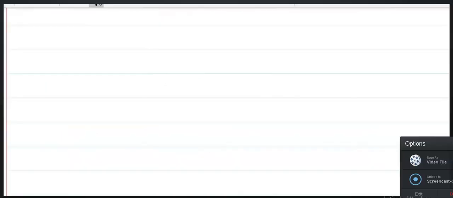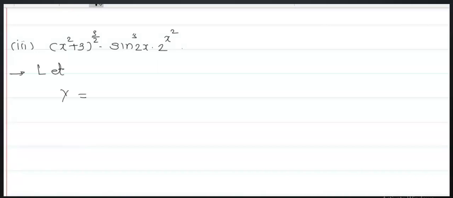Now the next, third example: x square plus 3 bracket raised to 3 by 2 into sine cube of 2x into 2 raised to x square.